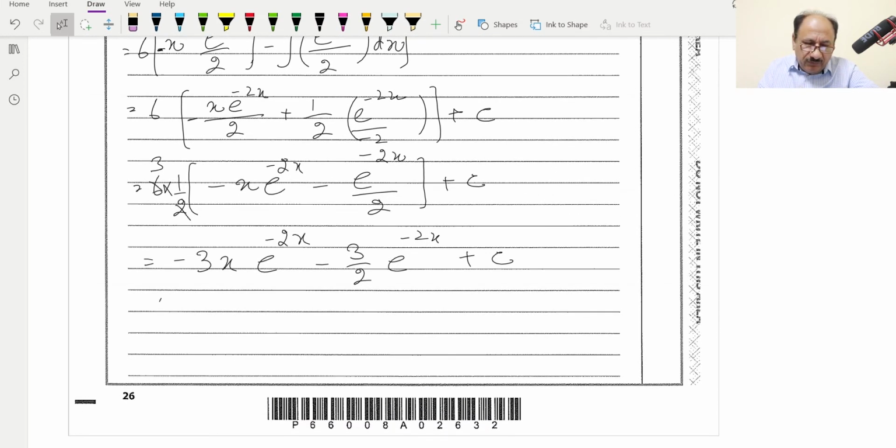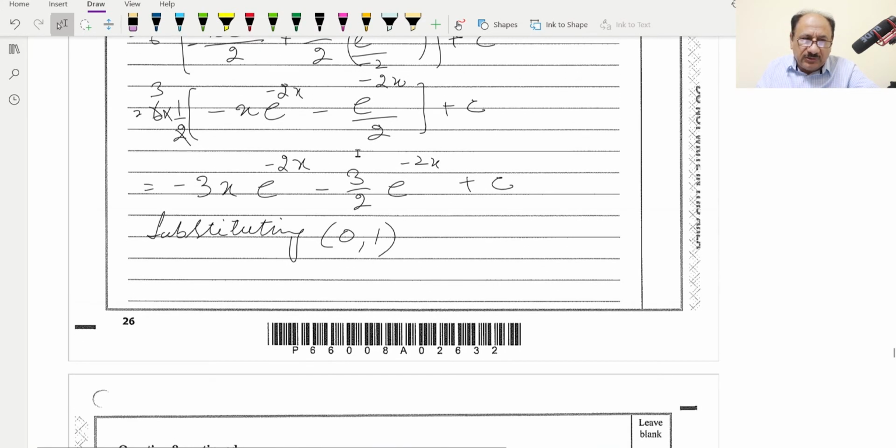For the value of c, we will be substituting the point (0, 1). If we substitute in this, we will get 3 by 2, and the x value will be 0, so this portion will be 0, and we will get minus 3 by 2 e raised to 0, which will be 1, plus c.